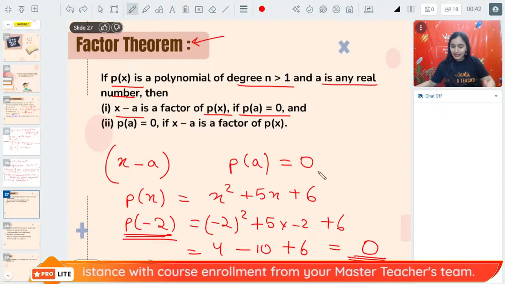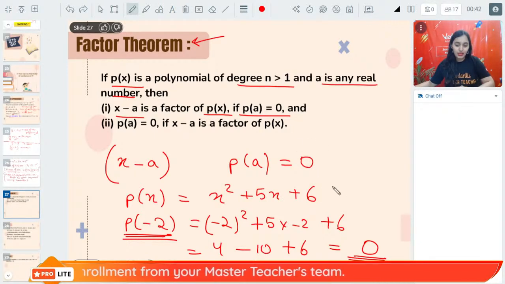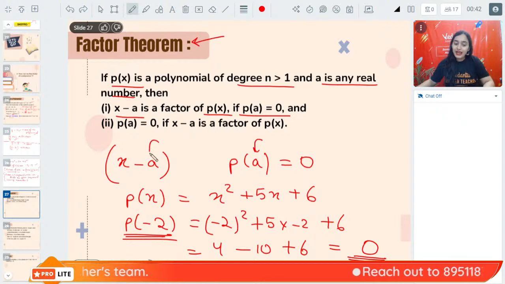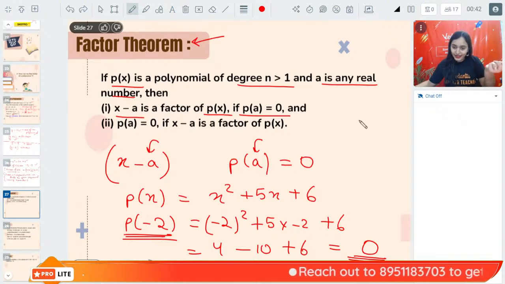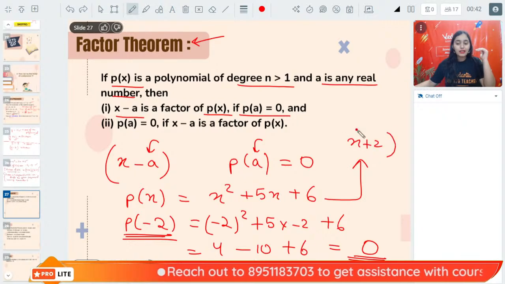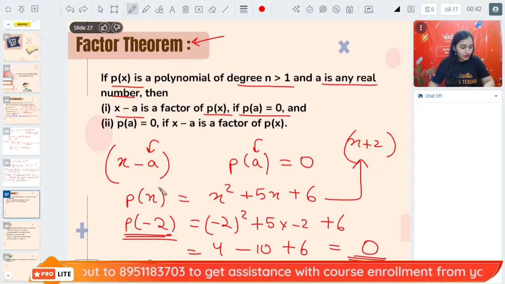Therefore, we can say that x plus 2 is a factor of this polynomial, right? Why x plus 2? Because if a is the zero, then minus a will be the factor, okay? So for this polynomial, x plus 2 will be the factor because p minus 2 is equal to 0, okay?